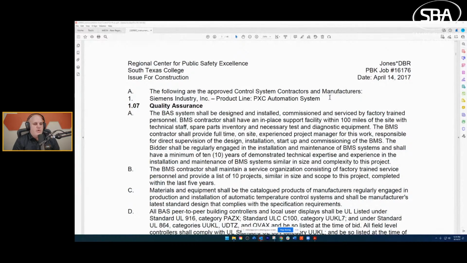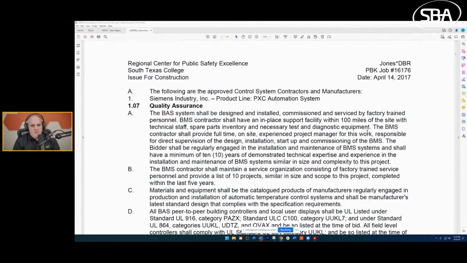Well, actually it would be an add alternate. My bad. You would do an add alternate for your control system. It never hurts to submit an add alternate, especially if it's a publicly procured system. They tend to take that. So just because you see someone as the standard, do not hesitate to do an add alternate.